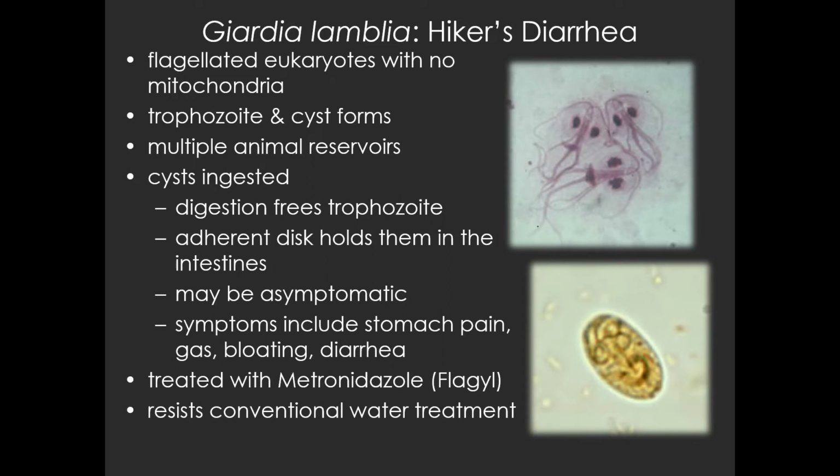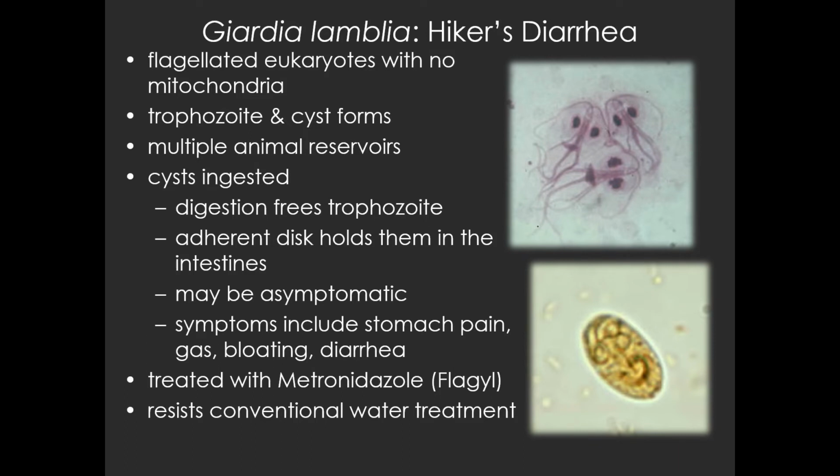All right, next up we have Giardia lamblia, which is a member of the Archaeozoans. You might remember from lecture material that the Archaeozoans are flagellated eukaryotes, but they contain no mitochondria. And this Giardia lamblia is the causative agent of what's commonly called hiker's diarrhea.